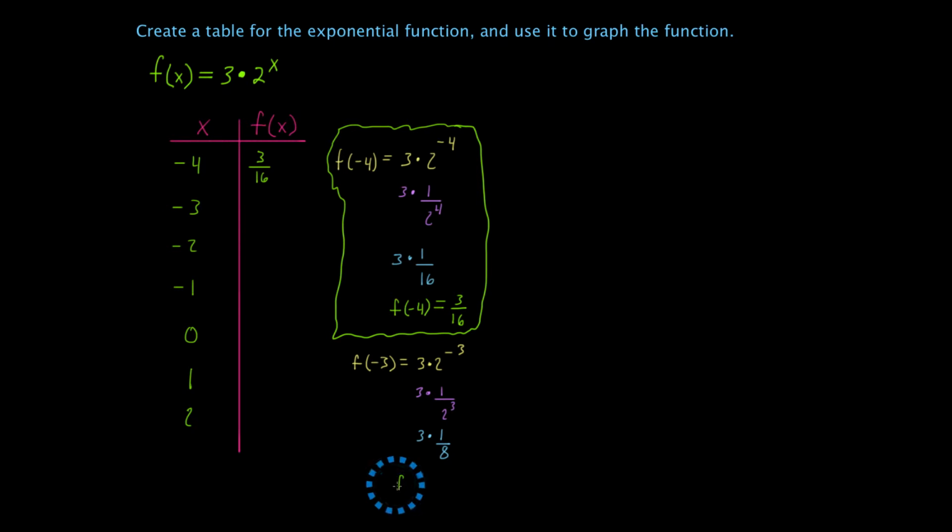So here I have f of negative 3 is equal to 3/8, and I'm going to take 3/8 and just write it up here, 3/8. So when x is negative 3, f of x is 3/8, or you can think of it as y is 3/8.